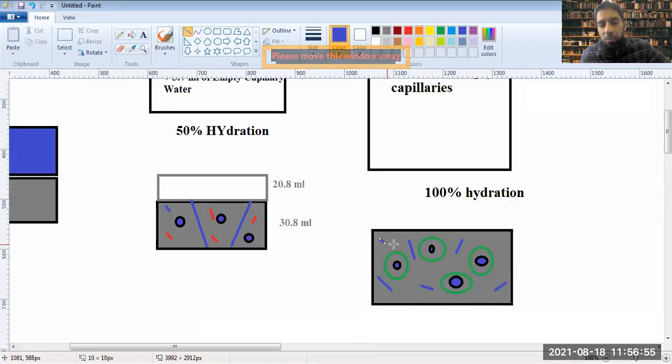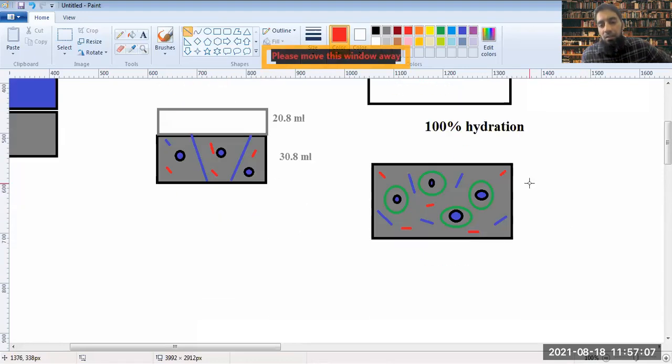Some of the capillary water then evaporates, and that's why the capillaries become empty at 100% of the hydration. So this is the volume composition of the unhydrated and of the hydrated cement.